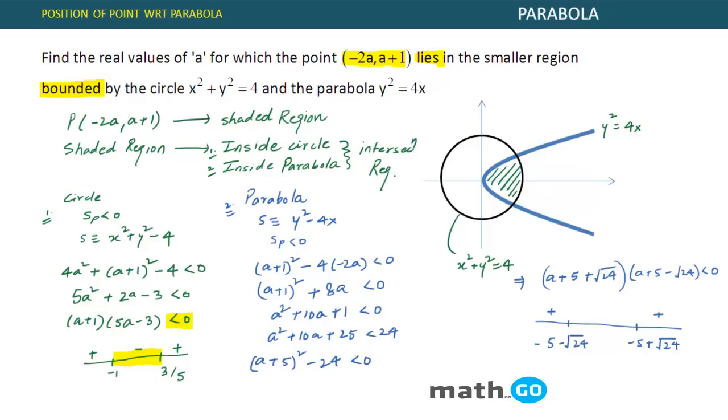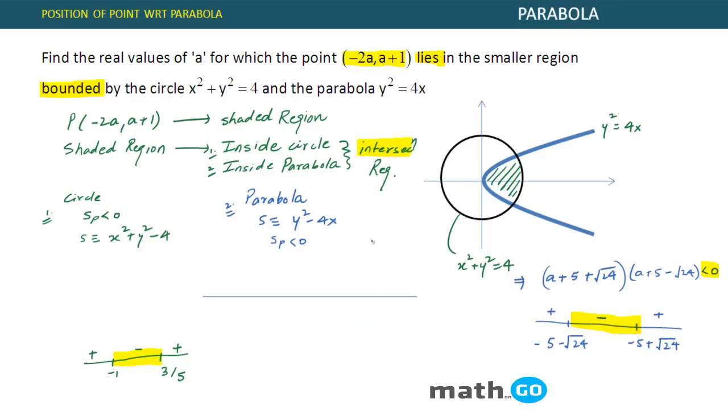Which region do you require? You want the answer for less than 0, so this particular region is again the answer. This is where the negative values will lie, right? And what we were asked to find is the intersection of these two regions. So you need to find the intersection of this answer and this answer. For intersection, let us draw them on the number line.